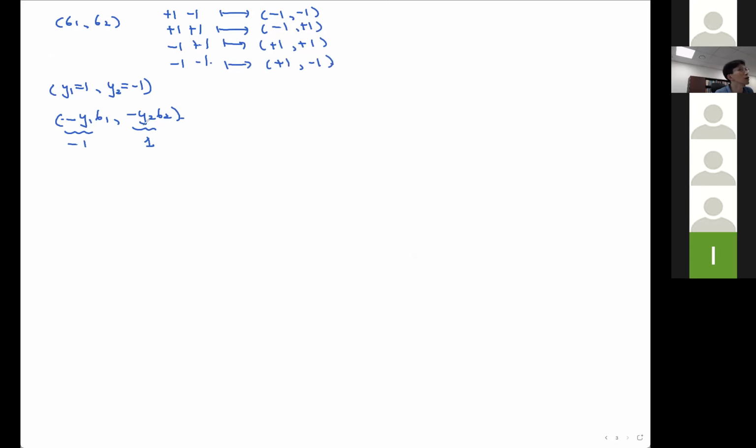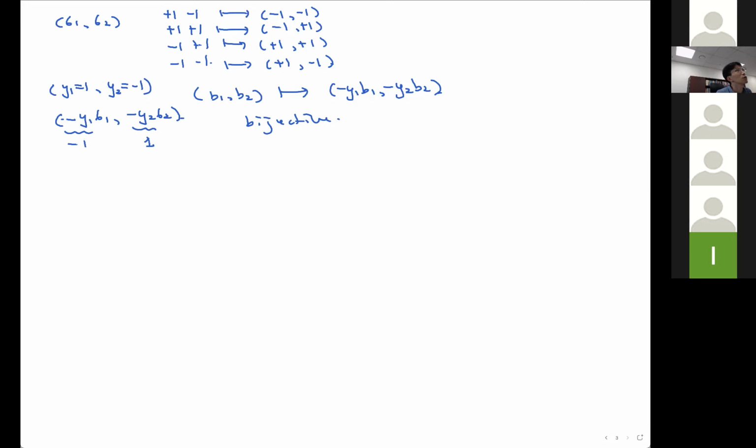The reason is that we are defining a map that takes the Boolean values b1 and b2 and maps them to minus y1 times b1, minus y2 times b2. This function is bijective, and any bijective map on the uniform distribution induces the uniform distribution again, for the discrete domain. That's why it doesn't change the distribution. You can do the calculation, or you can think of it this way.